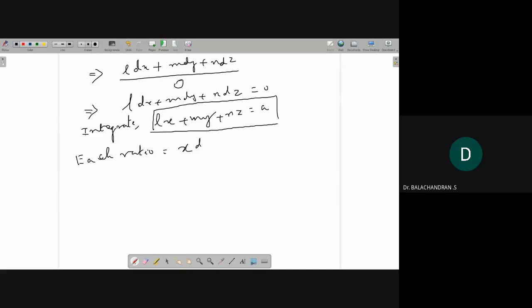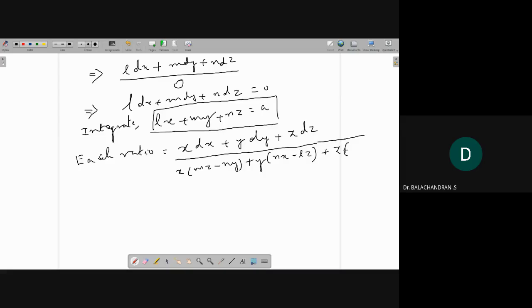So x dx plus y dy plus z dz divided by x into mz minus ny plus y into nx minus Lz and z into Ly minus mx.